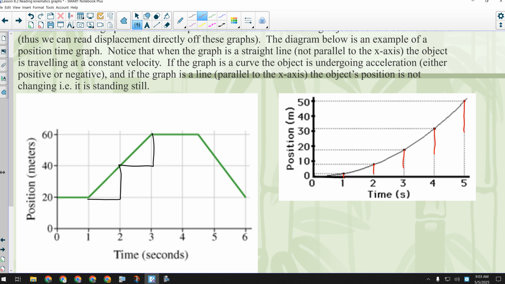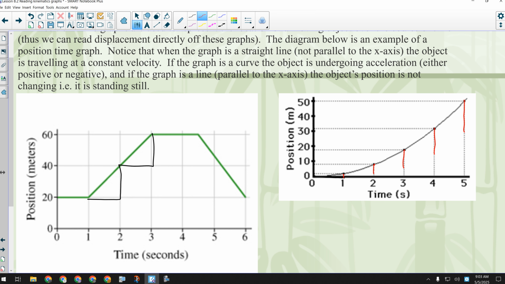The only way you can go farther in the same amount of time is if you are going faster. So acceleration would look like this. It's showing me that y is changing at an irregular rate, or the rate at which y is changing in and of itself is not constant. Everybody okay with that idea?